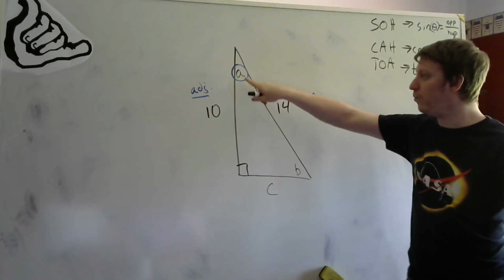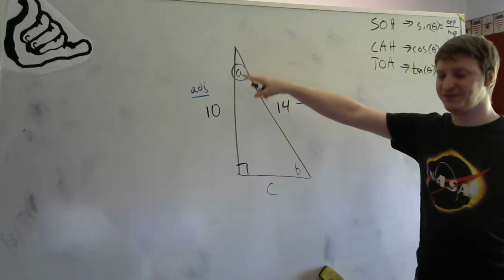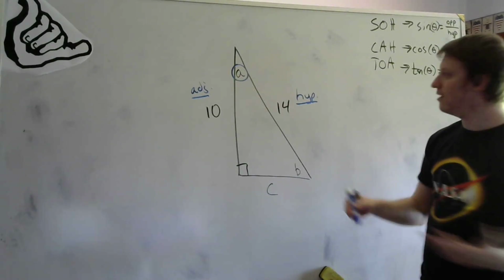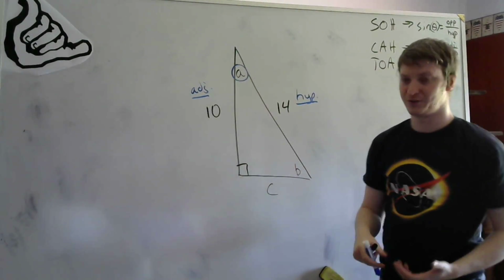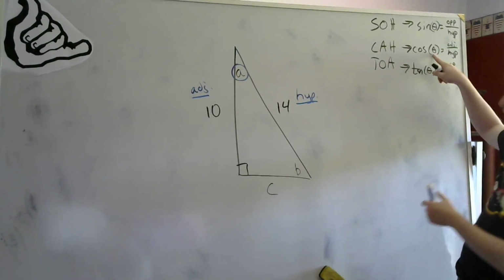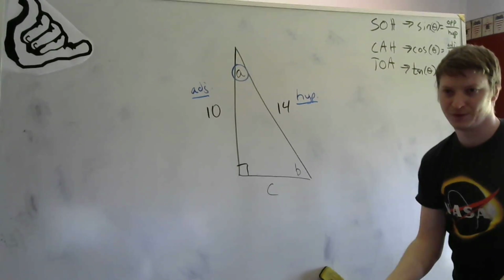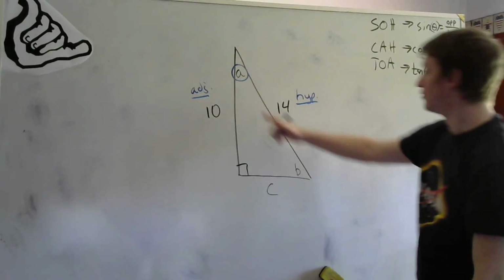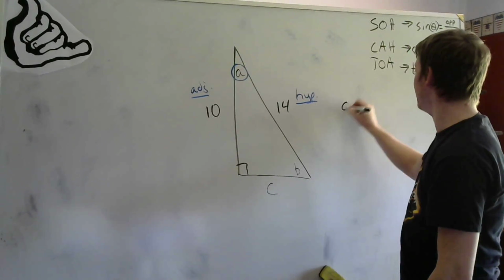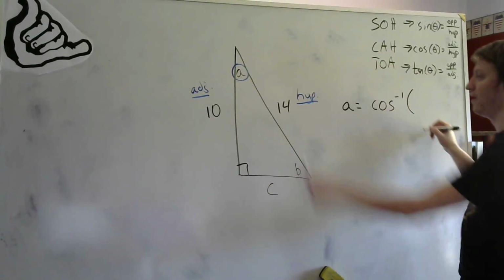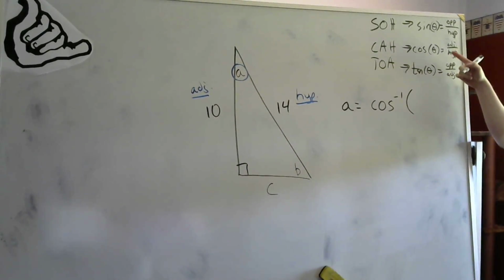In this case, I want the angle. The angle is the thing that I want. So this is just like the assignment that I gave you at the beginning of the week, where now we want to use the inverse. The way to get the theta out of this thing is to undo the cosine. So do the inverse. So if I want A, it's going to be the inverse cosine of the ratio that I know the cosine to be.